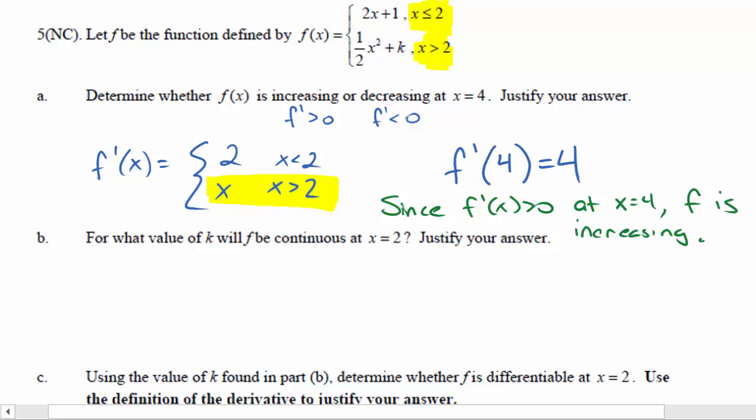You don't need to write out in words f prime of x is greater than 0 or f prime of x is positive. All you have to do is simply have this statement down and then make sure you specify at x equals 4.